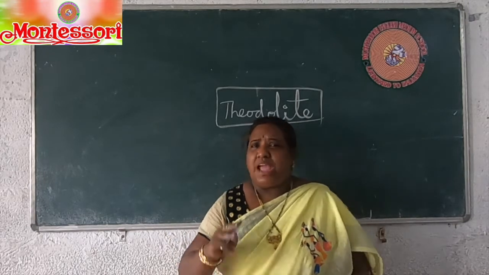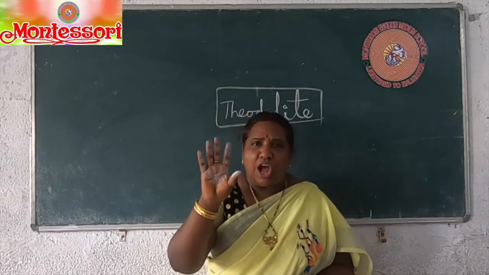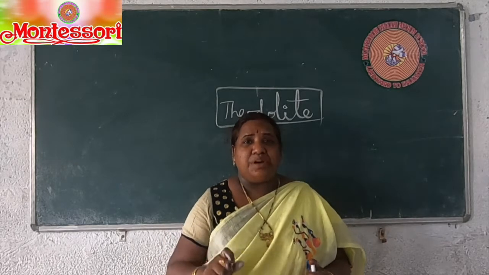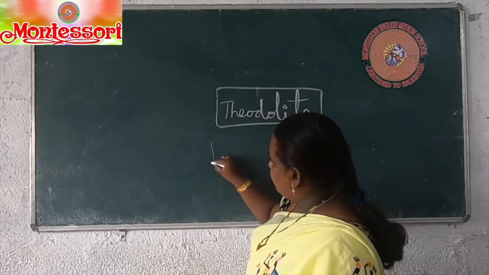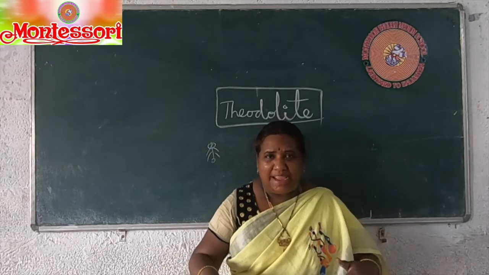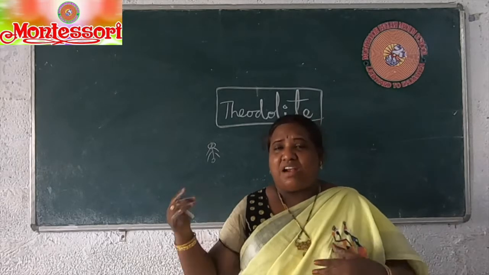To do these sums we have to remember three points. First, the objects should be considered as linear. Second, the height of the observer. Suppose one girl is standing here. Of course the girl has some height, but it should be neglected if it is not given in the sum.